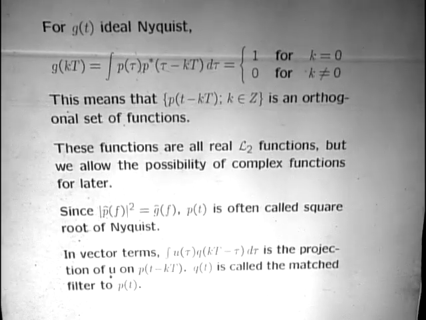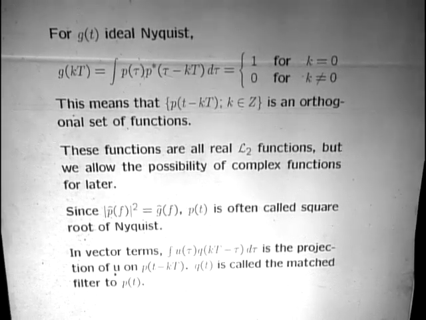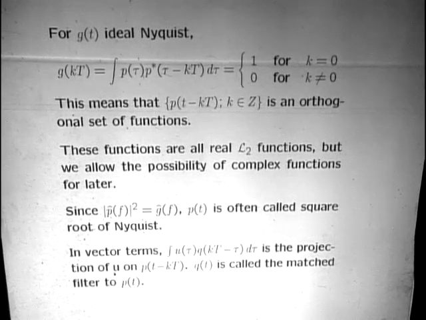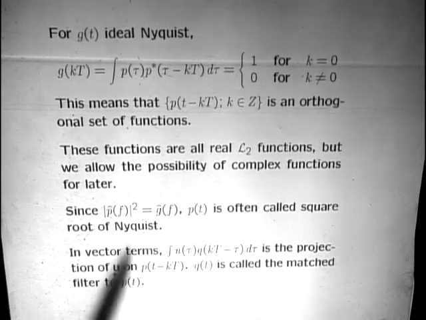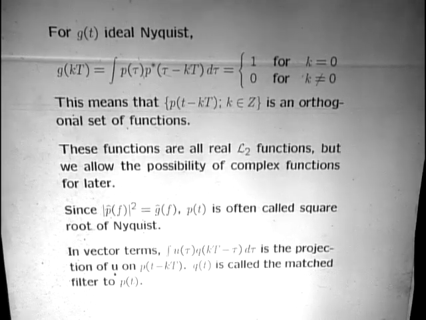But anyway, we have the nice property now that any time we find a function g of t that satisfies the Nyquist criterion, and any time we choose p of t and g of t so that their Fourier transforms have the same magnitude, then presto, we have freely gotten a set of orthonormal functions, which just comes out in the wash.